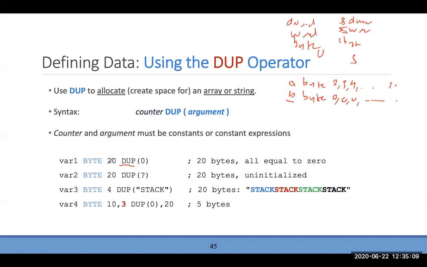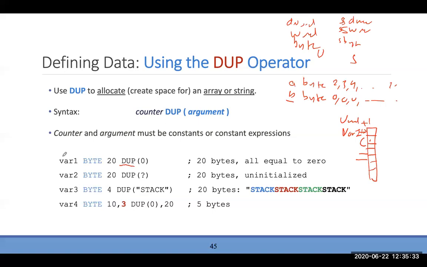So right here we say create a memory, and this memory is pointed at by the variable var1, and var1 points at the first byte, and in addition we can access around 20 bytes next to it. So it's going to be var1 plus 1, and then var1 plus 2, plus 3, and so on and so forth.